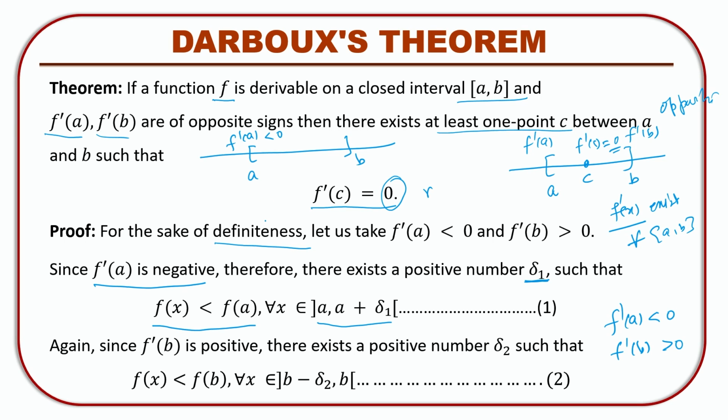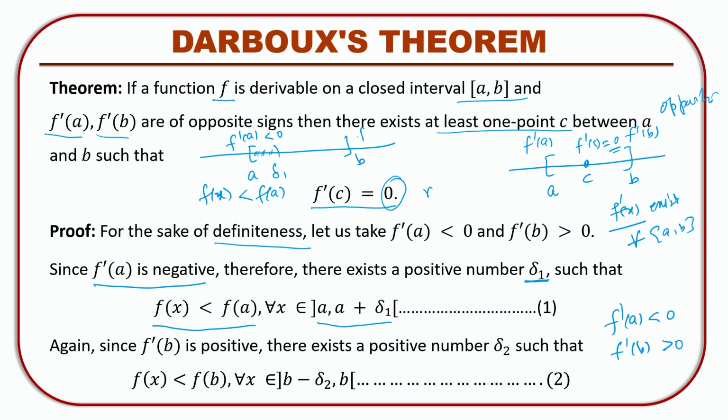So for every x in the neighborhood (a, a + delta 1), each f(x) is going to be smaller than f(a), right?